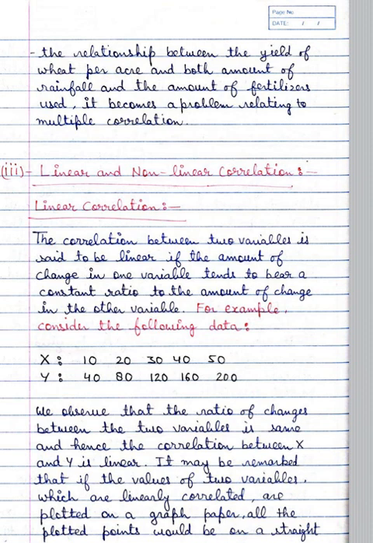The variable y has the values 40, 80, 120, 160 and 200. We observe that the ratio of changes between the two variables is the same, and hence the correlation between x and y is linear. If the values of two variables which are linearly correlated are plotted on graph paper, all the plotted points would lie on a straight line.